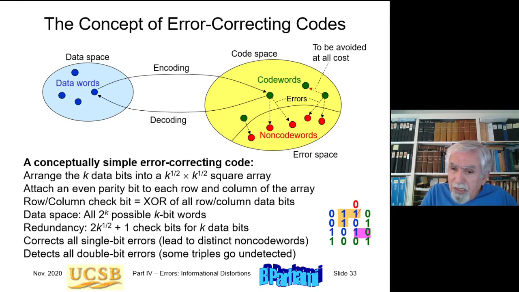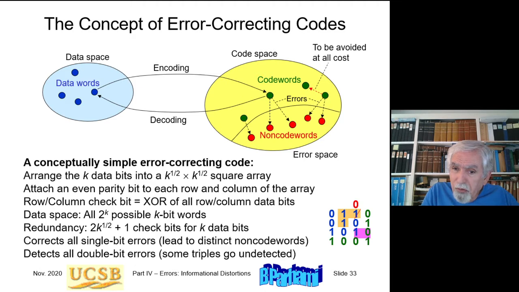So you will know that something is wrong, but you don't know what is wrong. You know something is wrong in this column because the parity check was violated, and something is wrong in this column because all the row parities are okay. You don't know which row contains the double error.